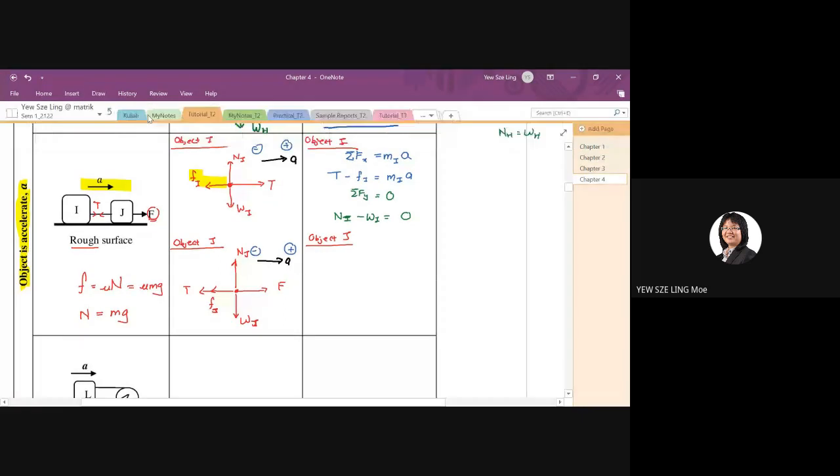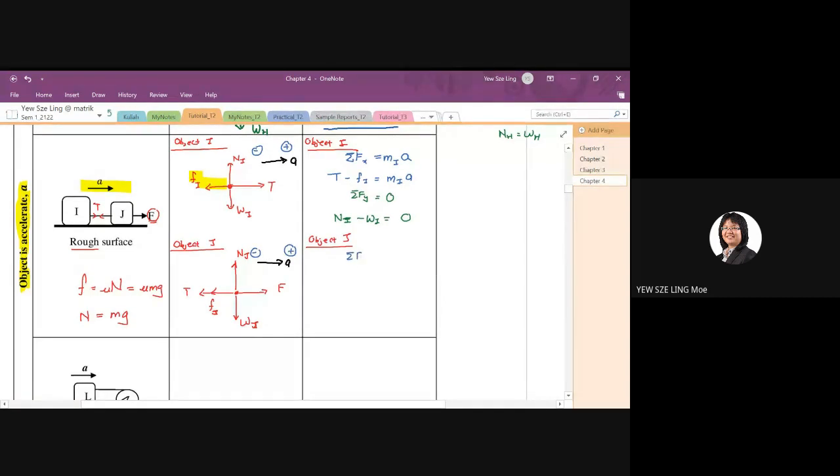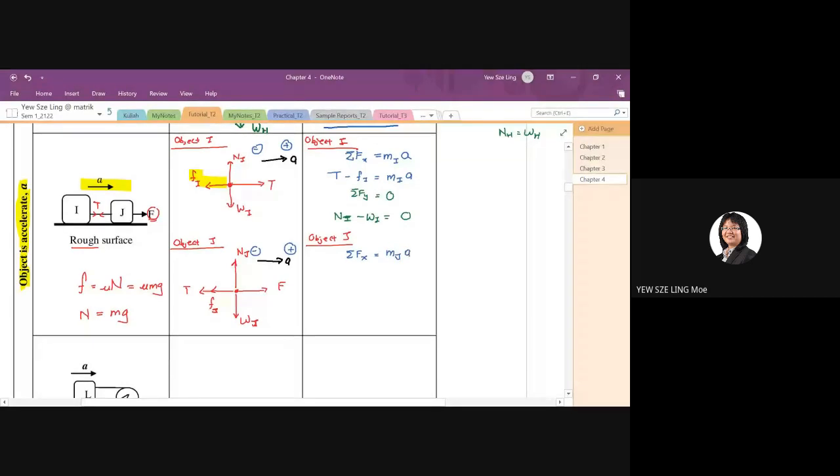Next, I'm going to do the same thing for object J. So for object J, again, summation Fx equals to Mja. For the x component, now I have three forces.